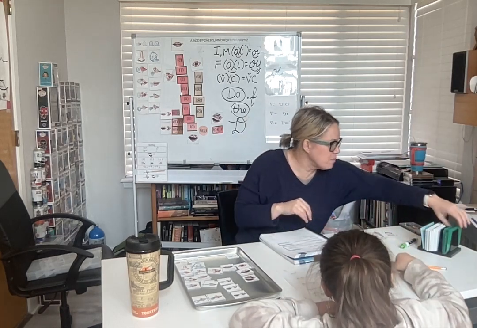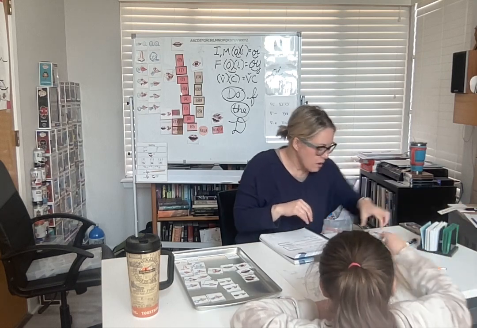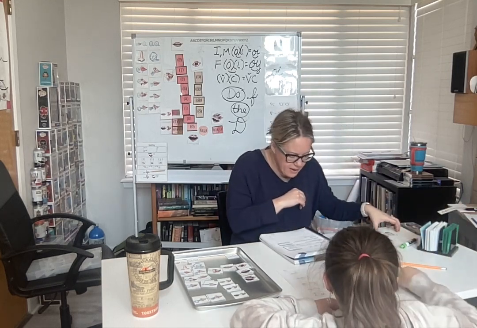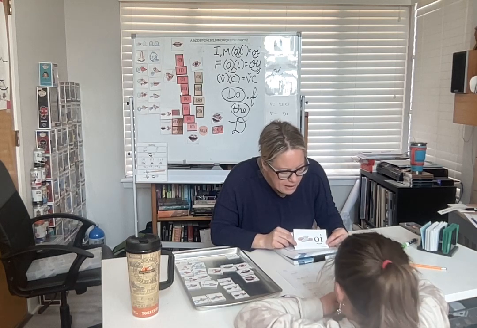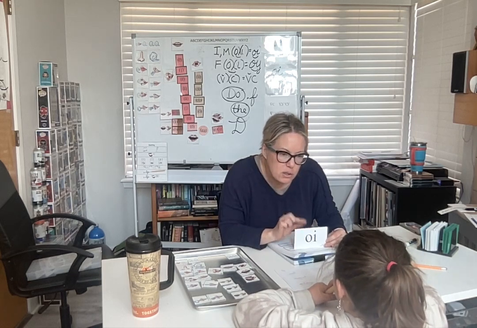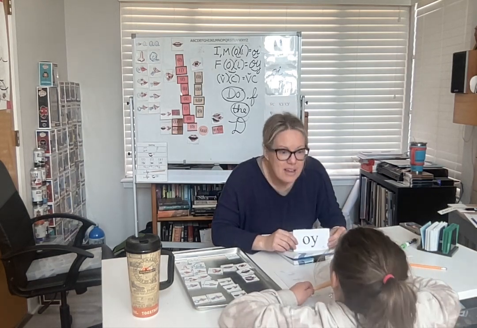Okay, so let's review our learning for today. Today, we learned diphthong O-I, and the key word for diphthong O-I is coin, and the sound is oi. And we find diphthong O-I in the initial and medial position in words. We also learned diphthong O-Y.